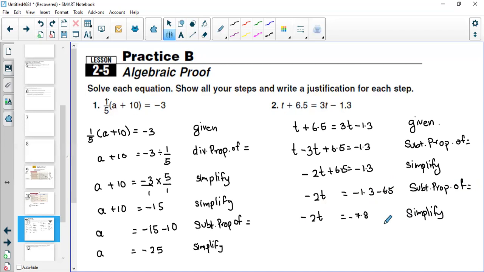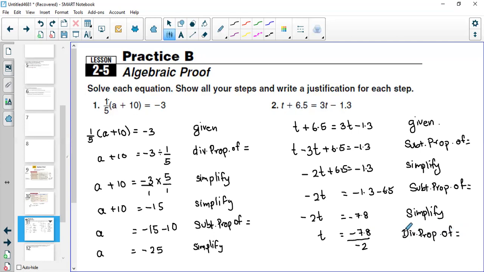What's the next thing we are going to do? We are going to divide this by negative 2. So t equals negative 7.8 divided by negative 2. So what property are we going to give here? What did we do here? We divided. So it's going to be division property of equality.